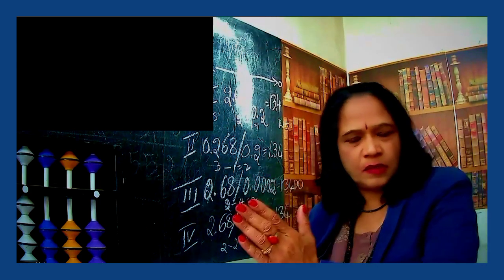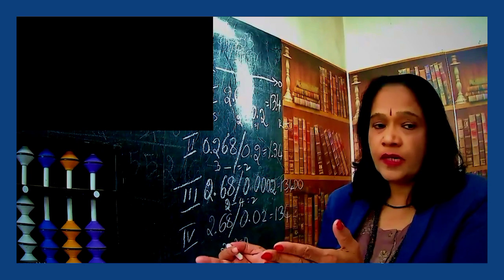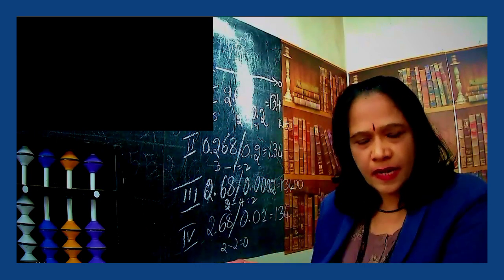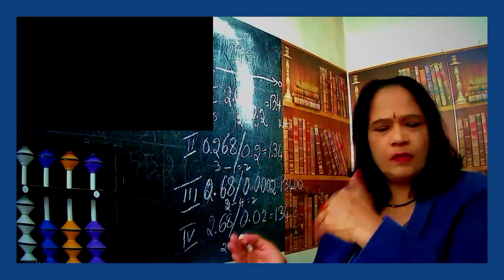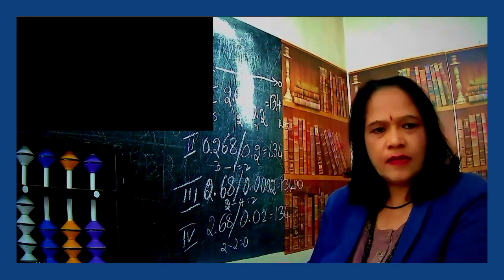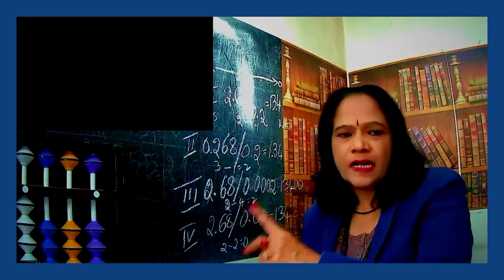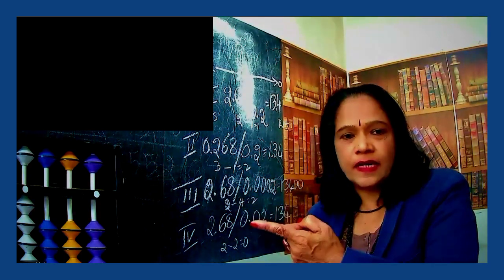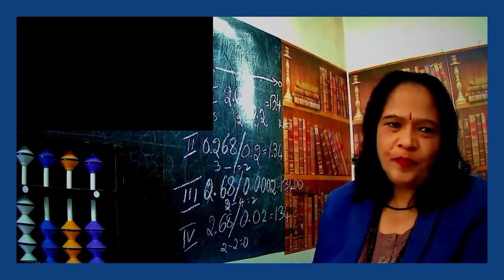How should we write the decimal point or zeros? According to the difference. What difference? The number of decimals in the left-hand side minus the number of decimals in the right-hand side. So subtract one from the other. Whatever difference you get, according to the difference, put the point in the answer.